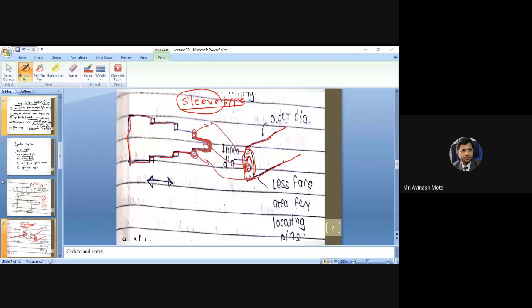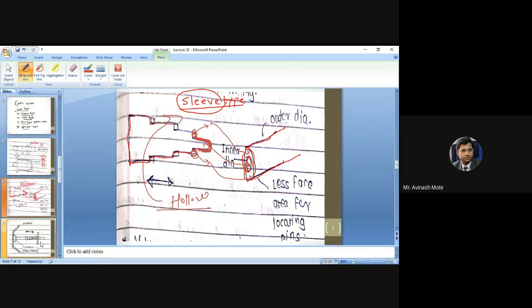So that's the sleeve type ejection system. Sleeve type. Are you getting? I'm not giving too much time because these are very simple things. Right? So if it is a hollow component, prefer the sleeve ejection system, right?